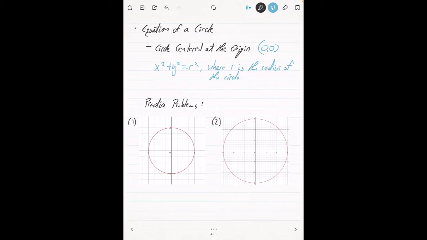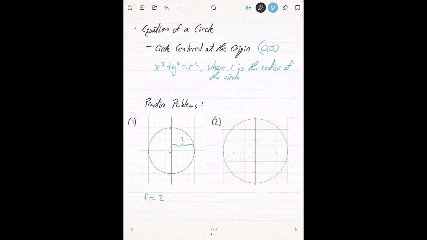This one, we have a length from 0 to 2 in any direction we look. Any point on the circle is always 2 units away from the origin. So here we can say that the radius of the circle, r, is equal to 2, because we're 2 units away.